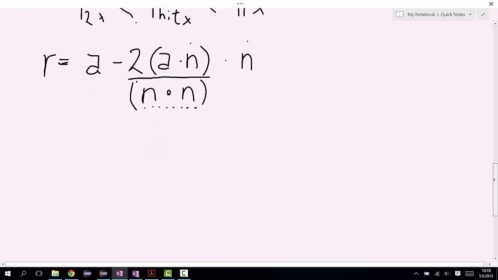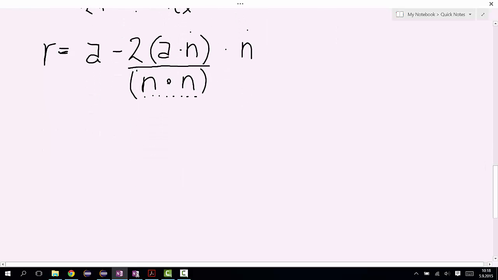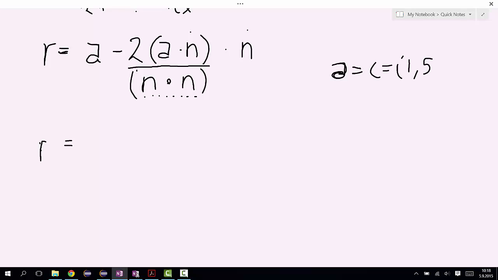So in our case, this would be R equals, so A is C, the vector A equals C, which equals 1, 5, N equals 3, 2, and that's all we need.